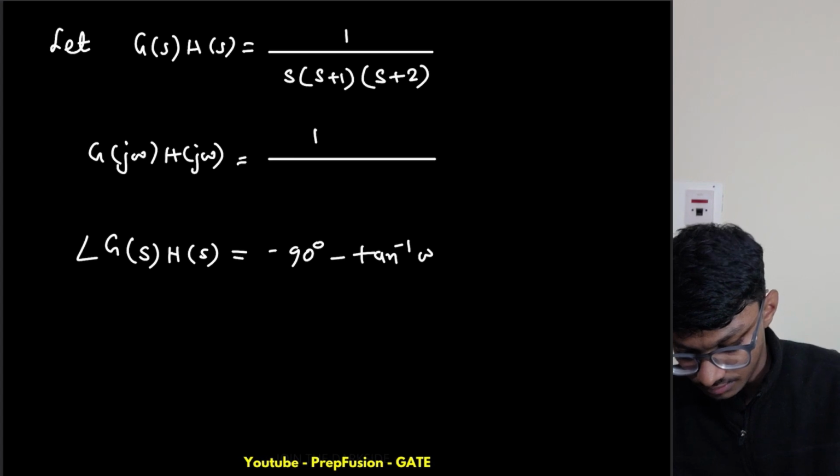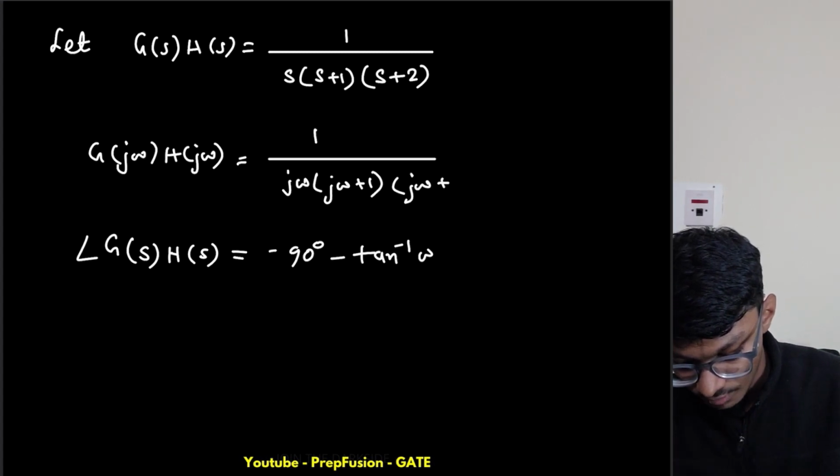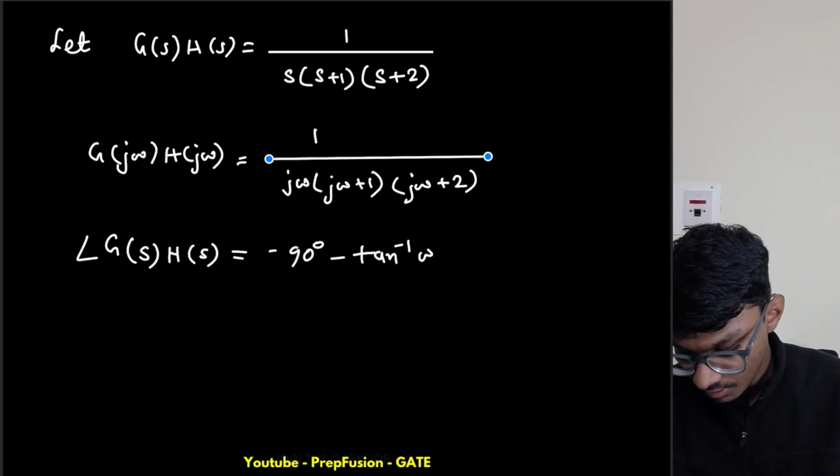So this becomes j omega into (j omega plus 1) into (j omega plus 2).